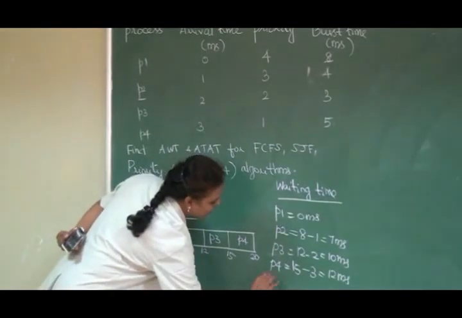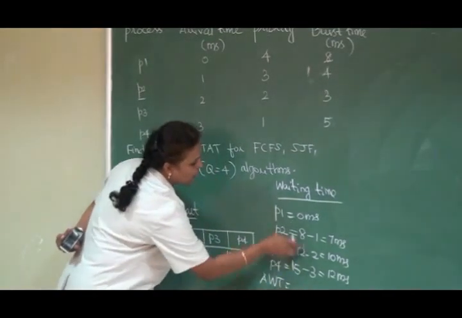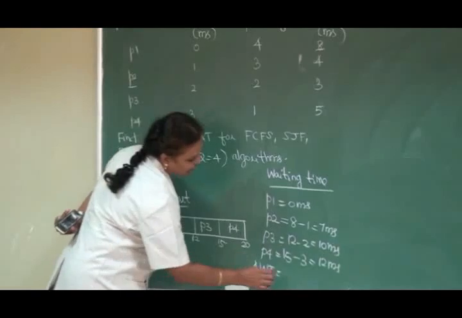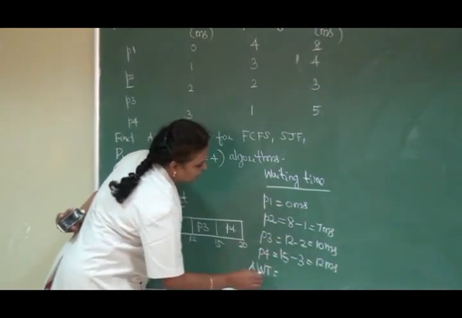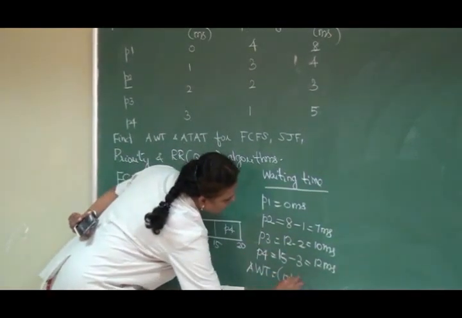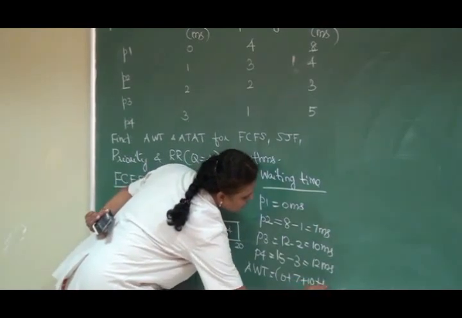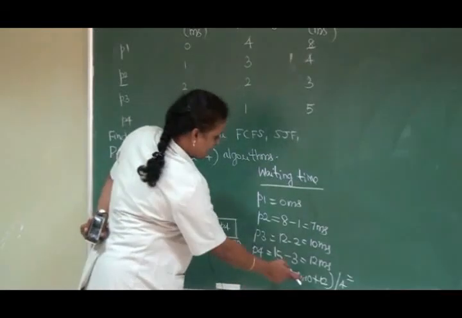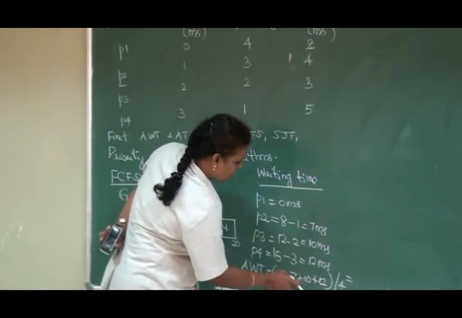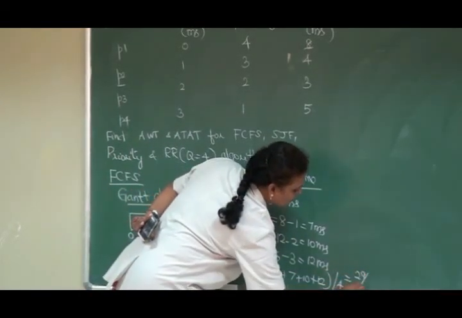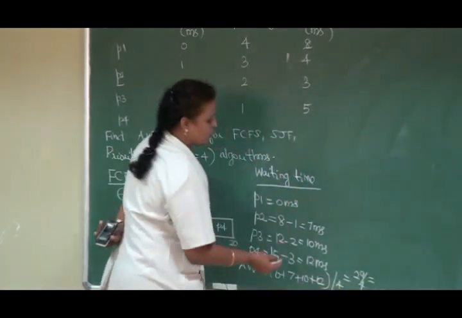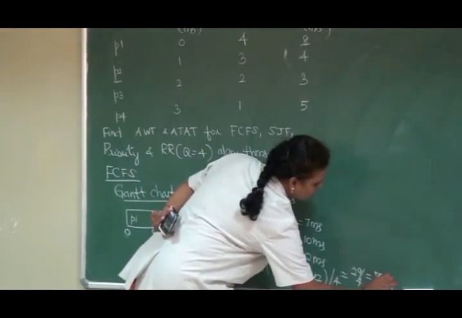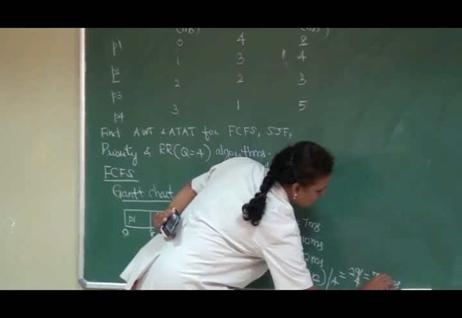Average waiting time is the sum of all processes' waiting times divided by the total number of processes. So 0 plus 7 plus 10 plus 12, that is 29, divided by 4, which is equal to 7.25 milliseconds.